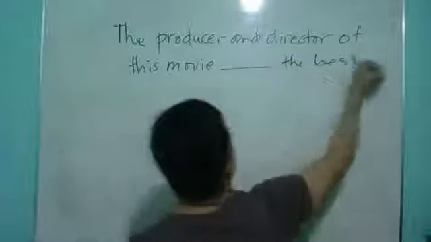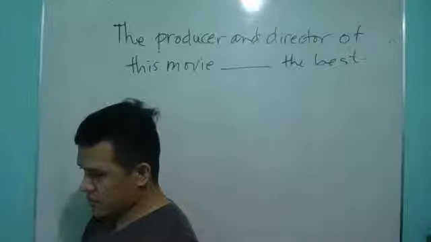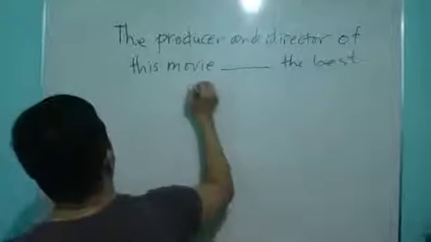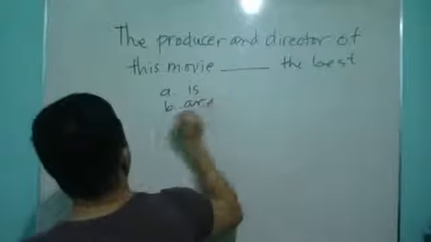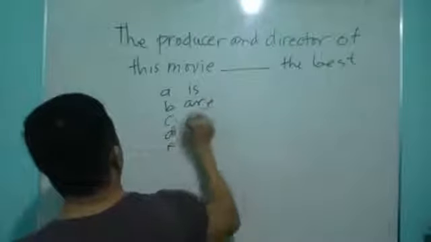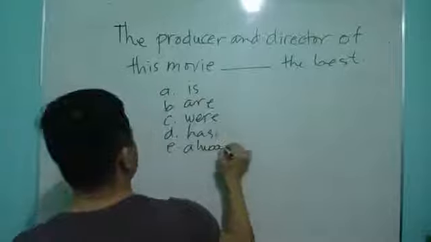Okay, so the choices are: A is, B we have are, C, D, E: where, and then has, and then always.